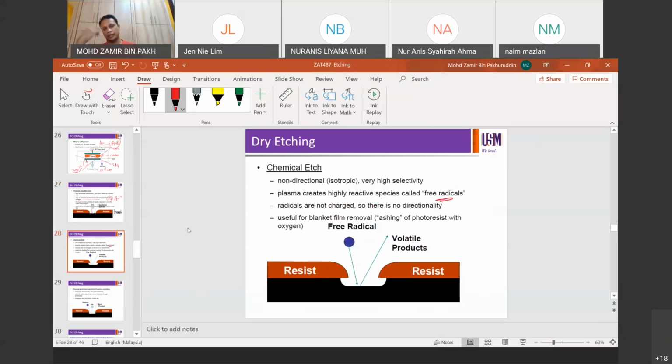Compared with the earlier one, argon ions are positively charged, so you can manipulate the negative bias behind your silicon to direct the ions. But in this case radicals are not charged, so they will travel literally everywhere and etch in all directions with similar etch rates. So it is useful for blanket film removal, for example, etching of resist with oxygen.